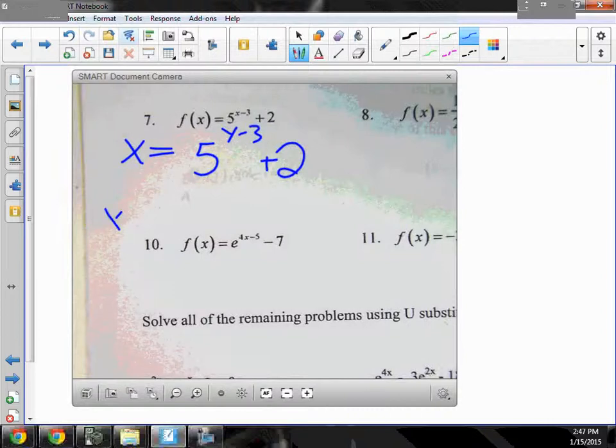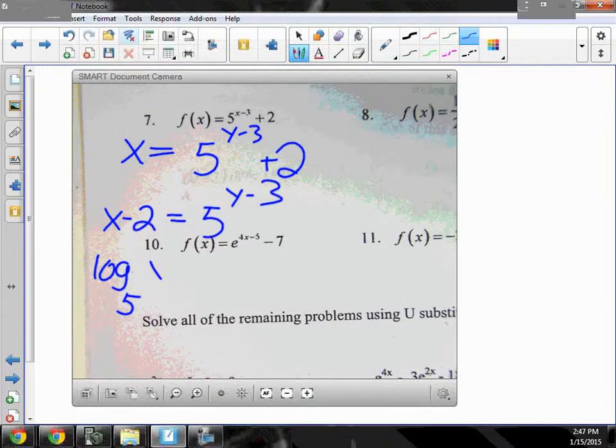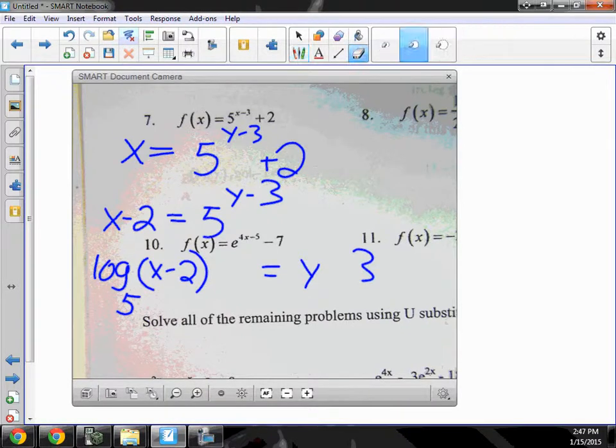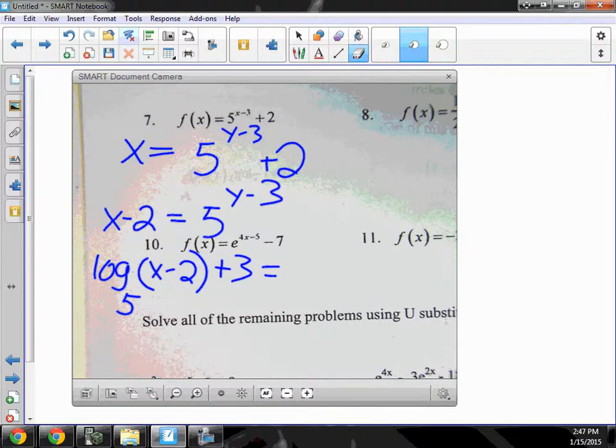So it would be x minus 2 equals 5 to the y minus 3. What is that in logarithm form? Log base 5 of x minus 2 equals y minus 3. And then I would just add that 3 over here. And that's the logarithmic equation, equals y. Yeah, that's the answer to 7.